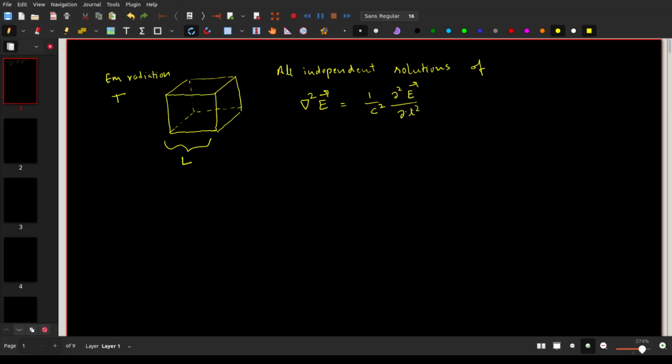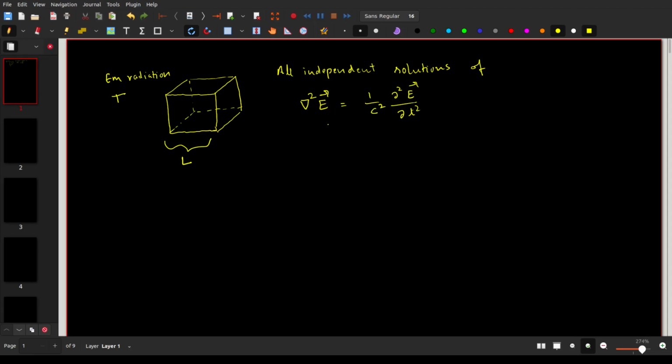A corresponding equation also holds for the magnetic field, but it is enough to consider only the wave equation corresponding to the electric field, because the solutions corresponding to the magnetic field equation are not independent of the solutions corresponding to this equation.